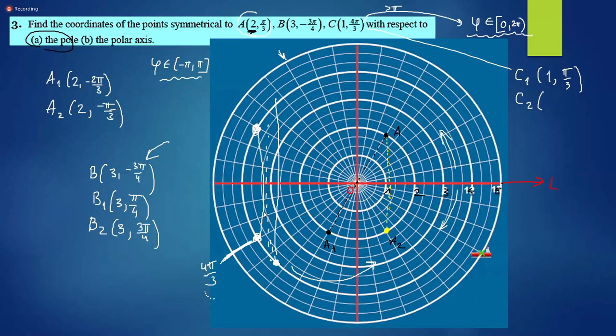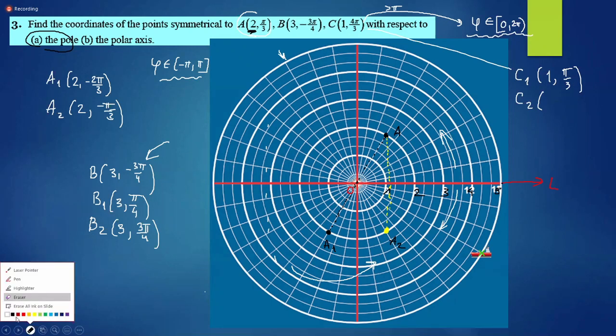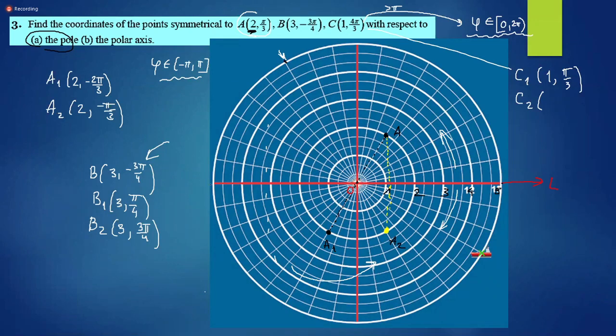If this is 4 pi over 3... I'm very sorry, I'm messing things up. I will erase the wrong things. 4 pi over 3 is a little bit different. This is 2 pi over 3, this is 3 pi over 3, and the next is 4 pi over 3, that is here.